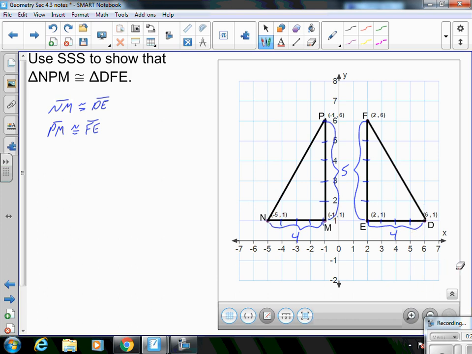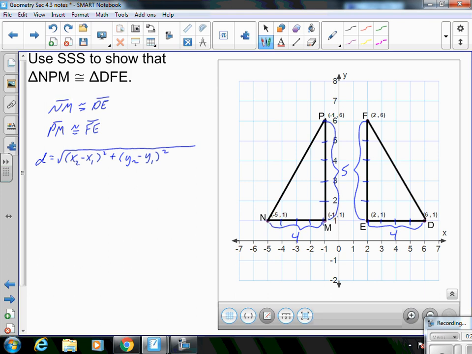So we have to use the distance formula. If you remember the distance formula, that's x2 minus x1 squared plus y2 minus y1 squared. And then we take the square root of that answer when we get it.